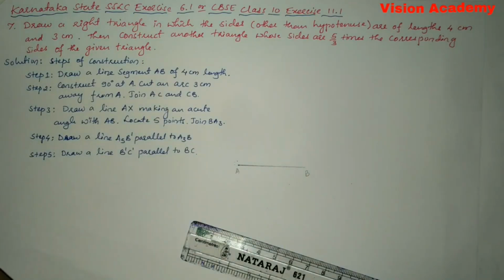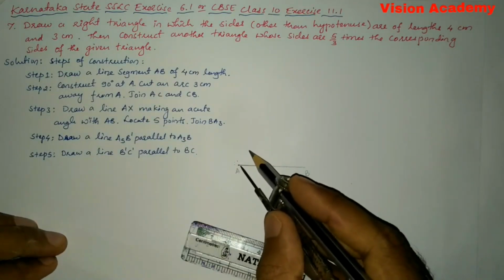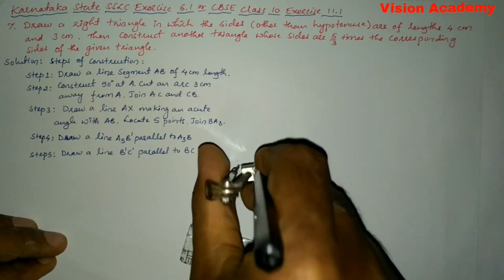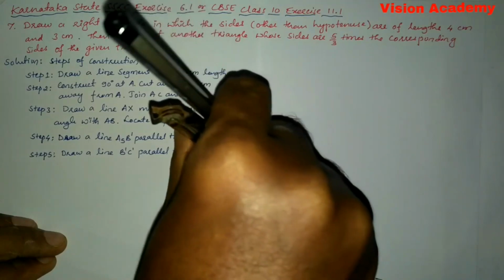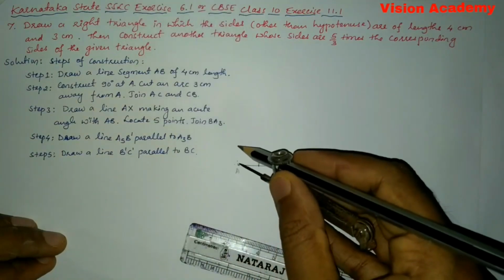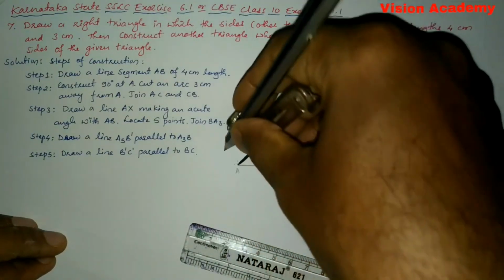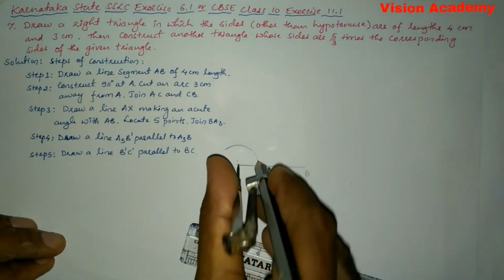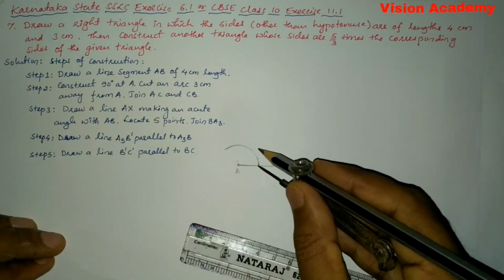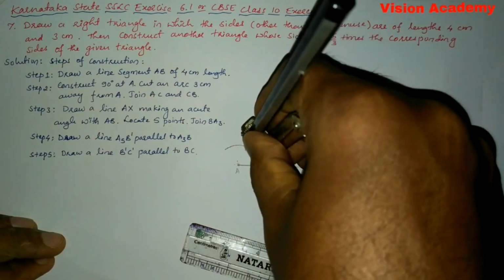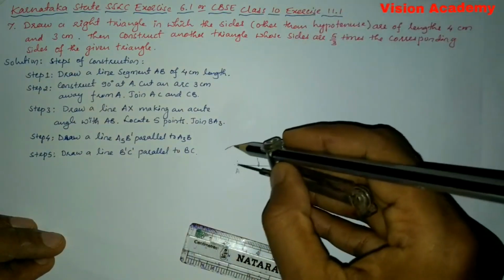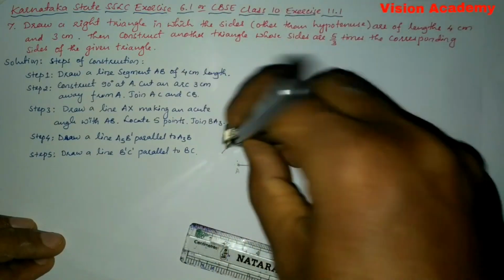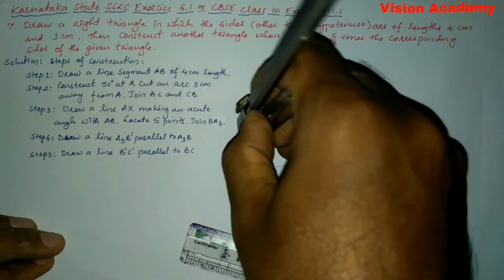Now step 2: construct 90 degrees at A, cut an arc 3 cm away from A. In order to draw a 90 degree angle, let me draw the arc. Keeping on this point, cut here, and here.